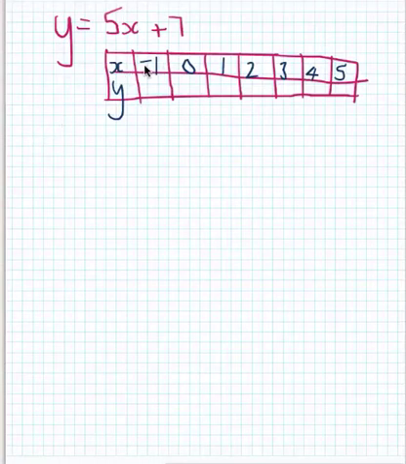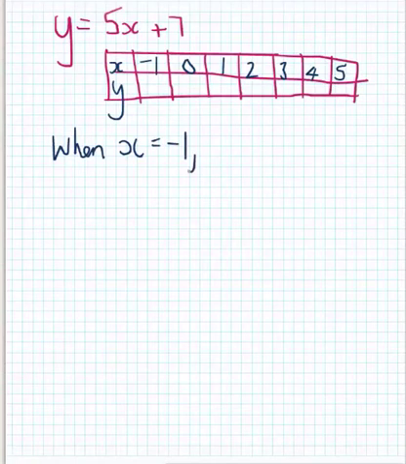So starting off with when x is -1, we're going to find out what our y value is. So with our equation, instead of x, I'll be putting -1. So we've got y equals, and I know that in between my 5 and x, I've got 5 times x.